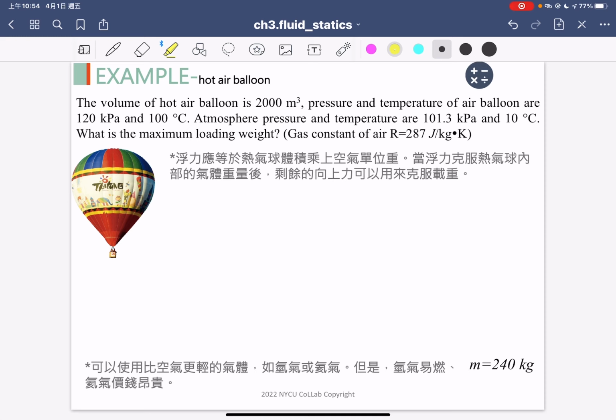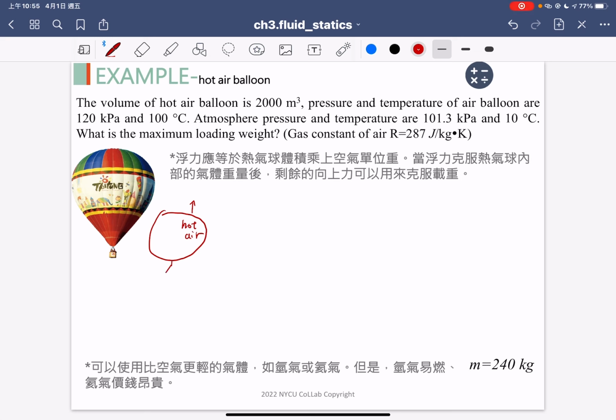We have the hot air balloon. Here I may write down some figures. In case we have the hot air inside, the hot air inside will provide the buoyant force, so we can have some upward force.